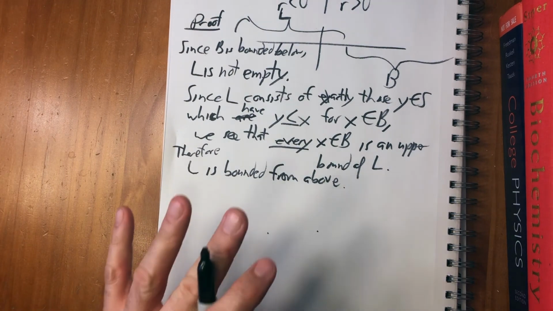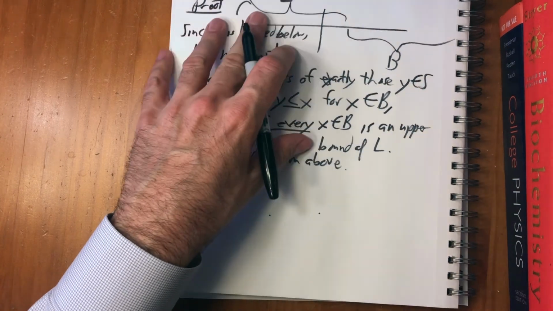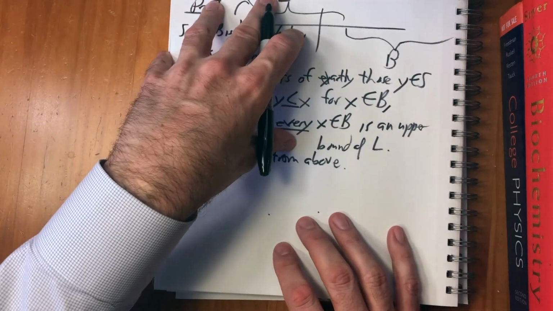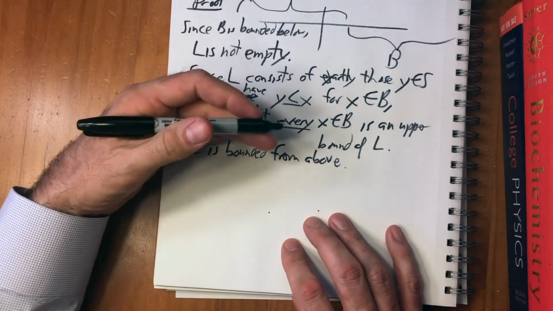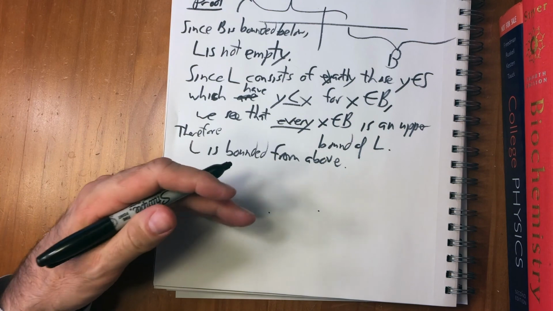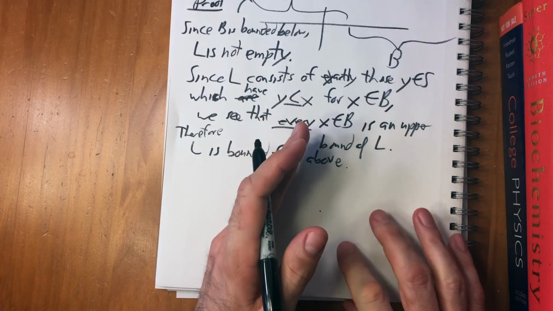Now, we started by saying that S, in the statement of this theorem, has the least upper bound property. The least upper bound property says that if a set is bounded from above, it has a least upper bound.